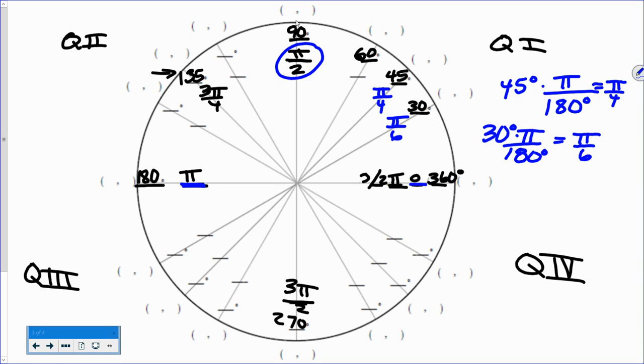If I convert 60 degrees, dividing both of those by 60, I get 1 pi over 3.